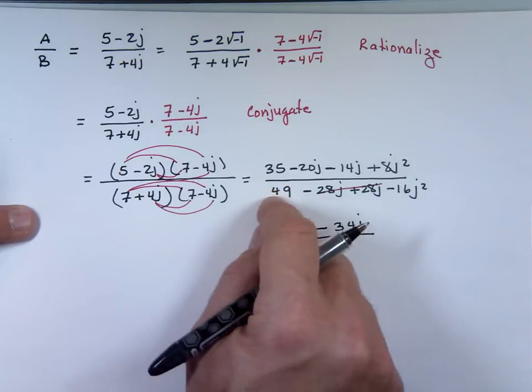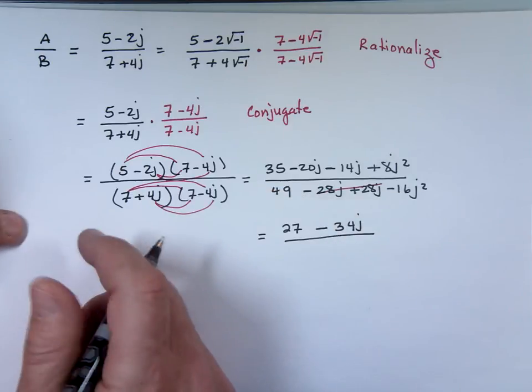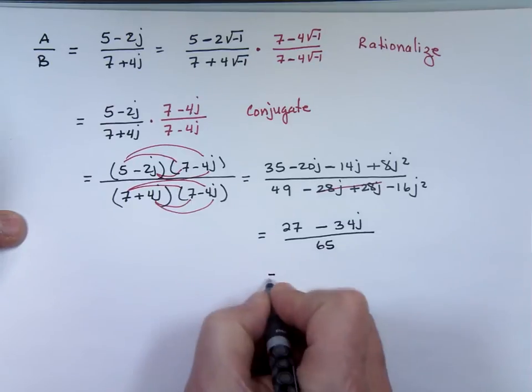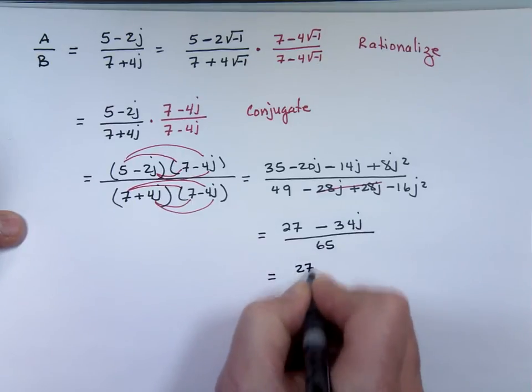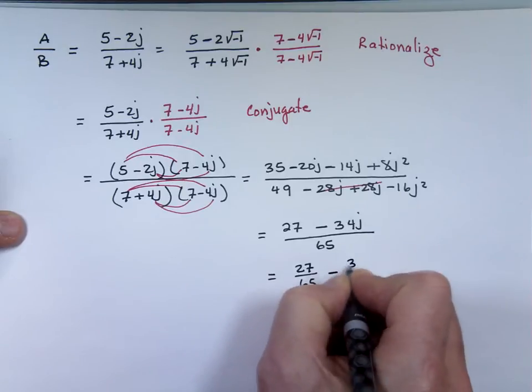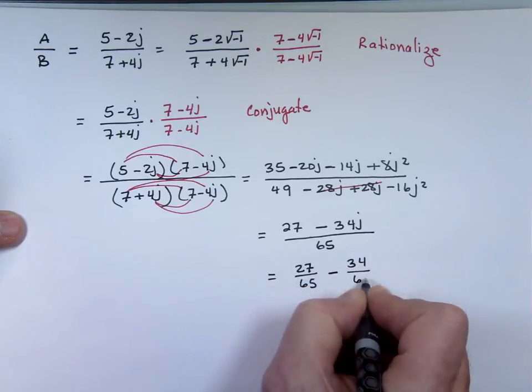What's 49 plus 16? 65. So when you write that as a complex number, it's 27 over 65 minus 34 over 65 j.